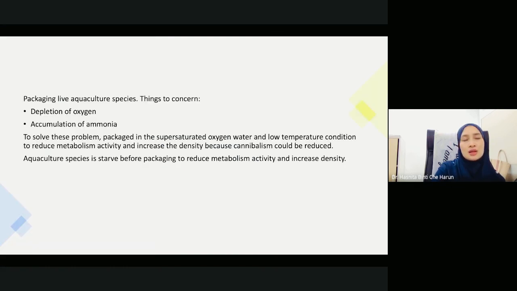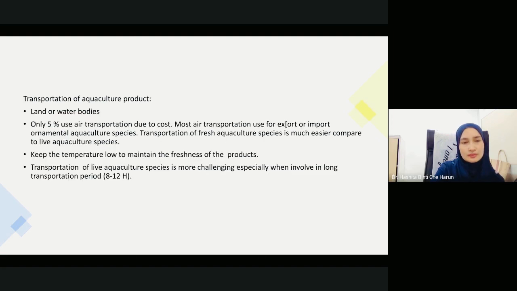And then sometimes you need to transport live species, but then you need to take into account depletion of oxygen and accumulation of ammonia, and you have to consider how to avoid these from occurring during transportation. Only 5% will use air transportation.